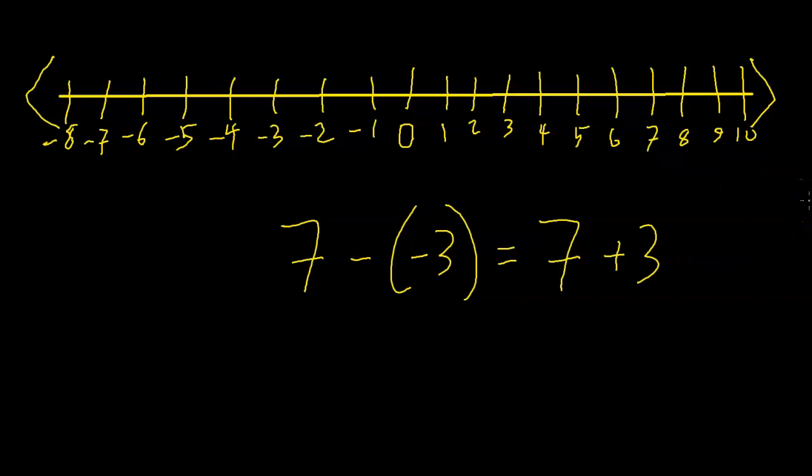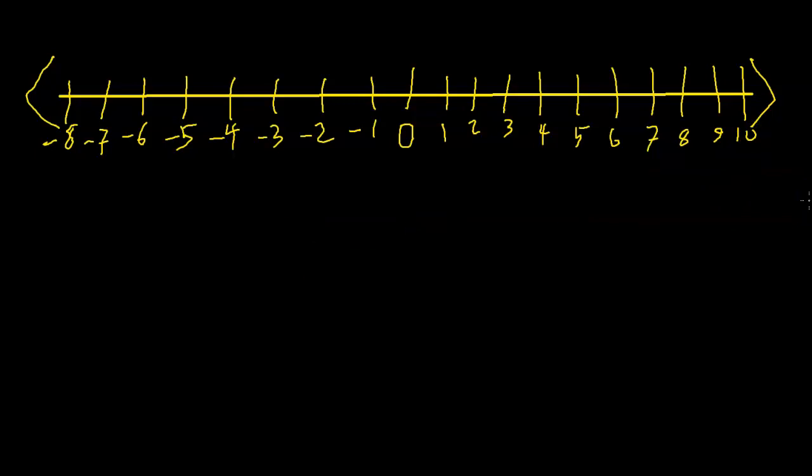Let's try 2 more. Let's do negative 5 minus negative 9. All right, we know we're starting at negative 5. We're subtracting negative 9. Subtracting a negative is the same thing as addition. So minus negative 9 is the same thing as plus 9.